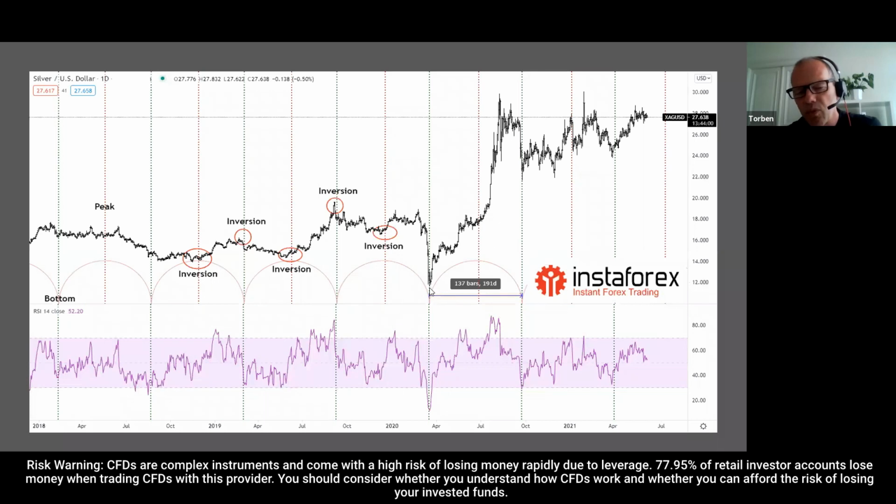But when you get this one, then certainly the inversions, you have 5 of those here, and when it turns down to suddenly move away from the inversion, that is normally a good sign that now we are back in the cycle, and then it should actually act as a bottom here.